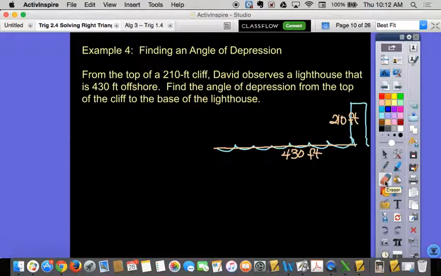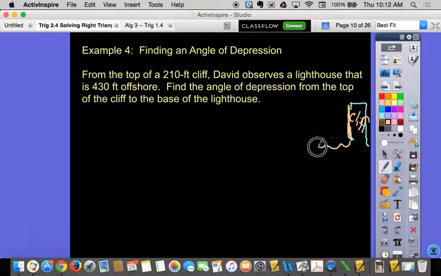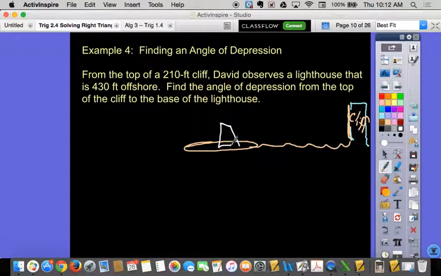I just need to draw the little lighthouse, don't I? Here's your cliff. Well, I guess it is water. Maybe there's an island out here, because lighthouses aren't just out in the middle of nowhere. There's a lighthouse that's really ugly. Okay.